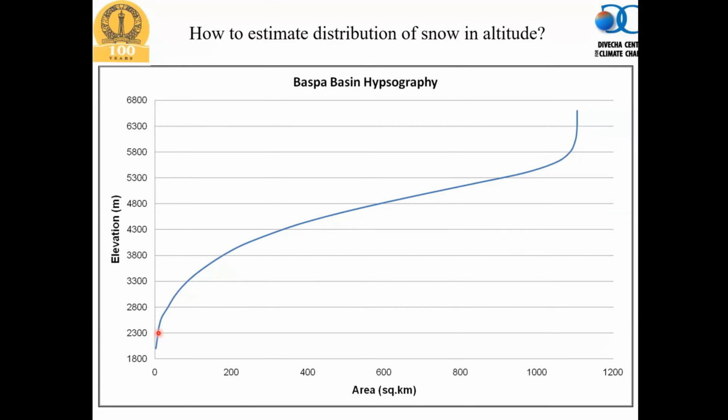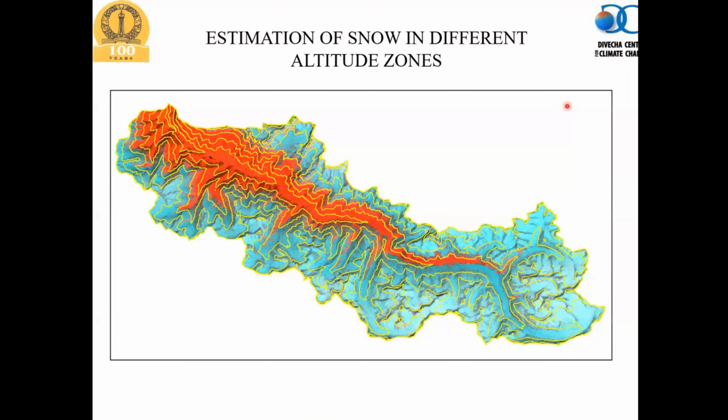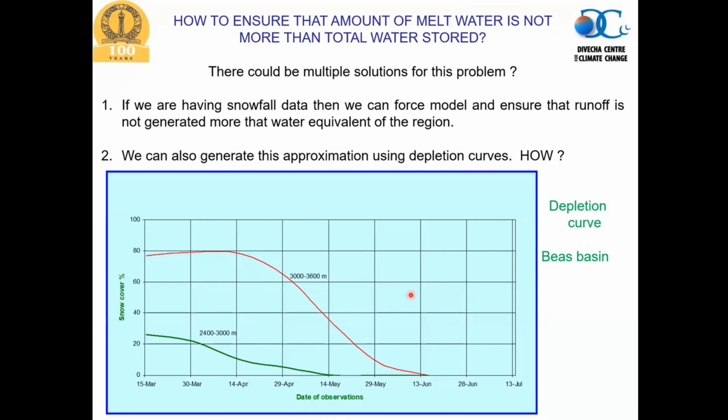So you take 2,300 to 800, this 500 meter zone has this much area. So for each altitude zone, you get the total geographical area, and then you calculate the estimation of snow in the different altitude zones. So with this NDSI, you run the model and get how much is the geographical area in each altitude zone.